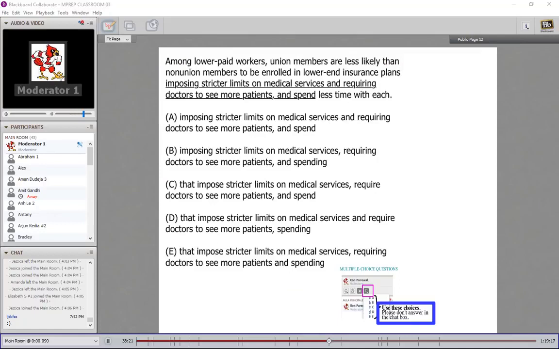So now let's think about this. Let's think about bullet points on a PowerPoint outline. Who can tell me what actually does get the same kind of bullet point in this sentence?